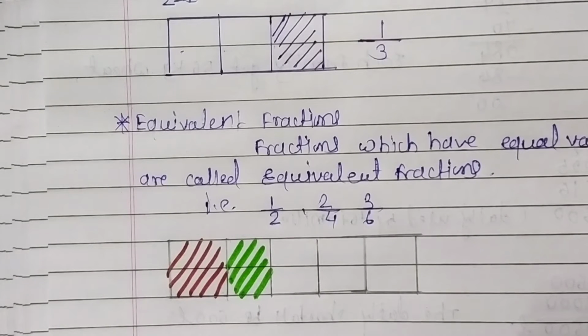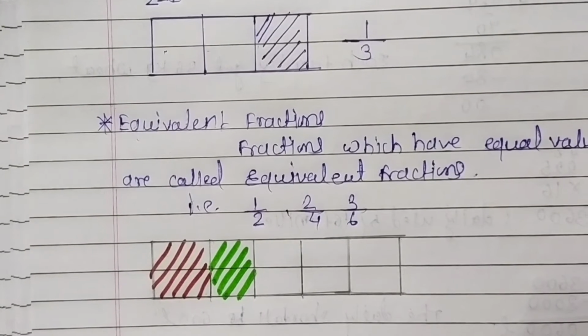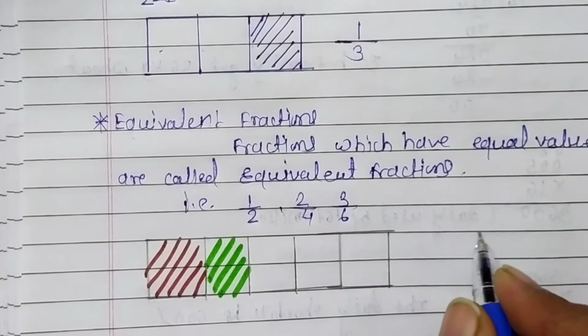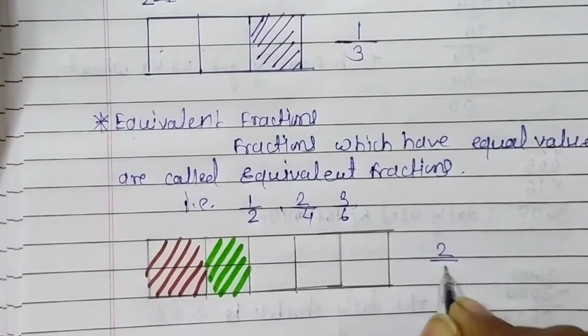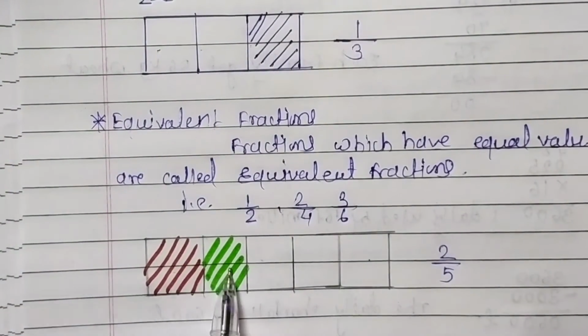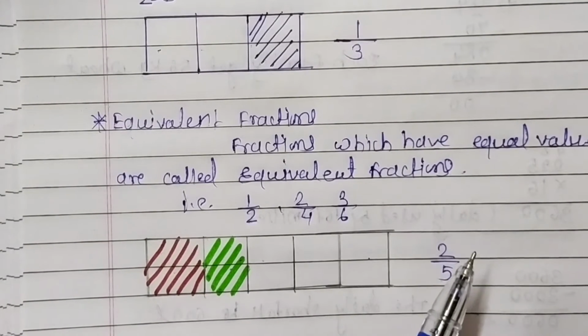There are 2 colored parts. How can I write this fraction? I write it as 2 upon 5 because there are 5 parts and 2 were colored. So I write it as 2 upon 5.